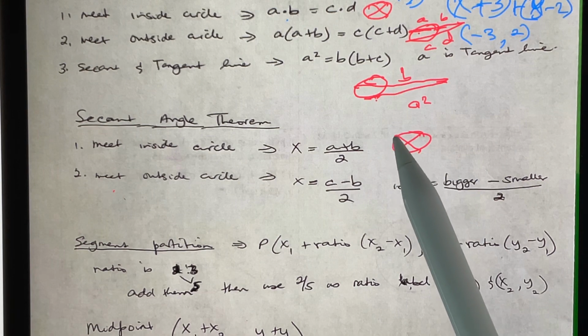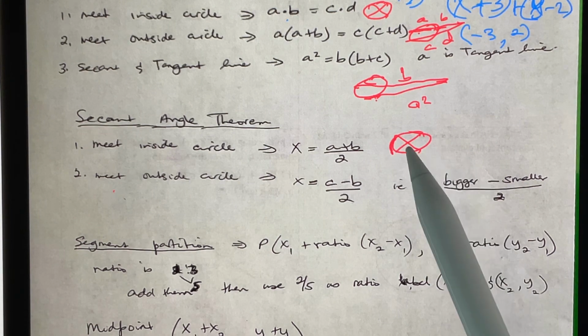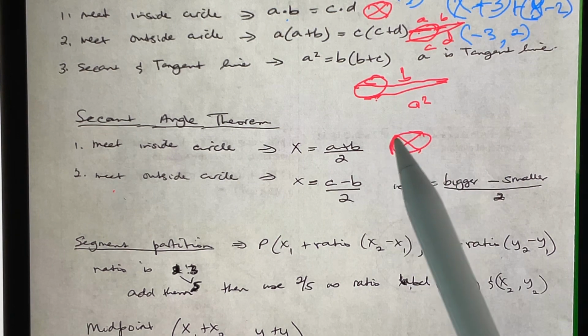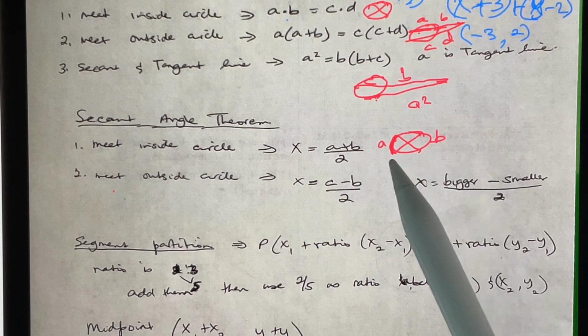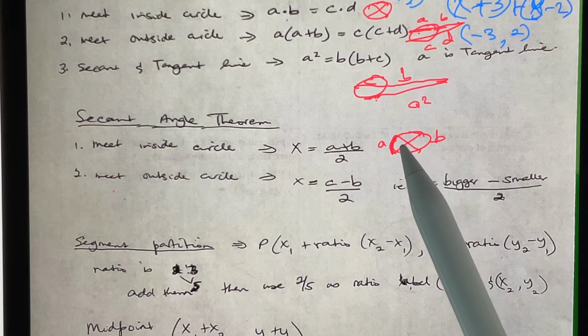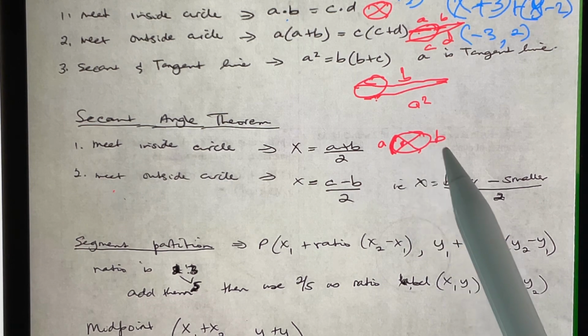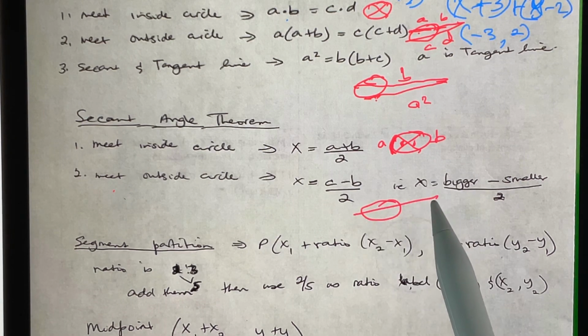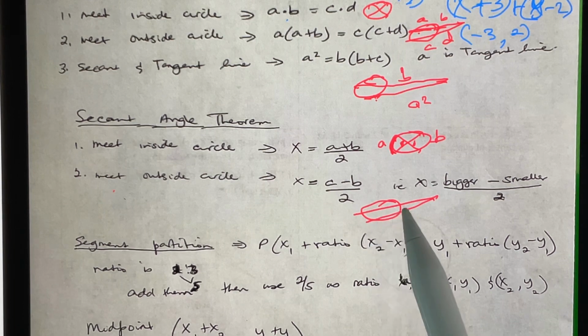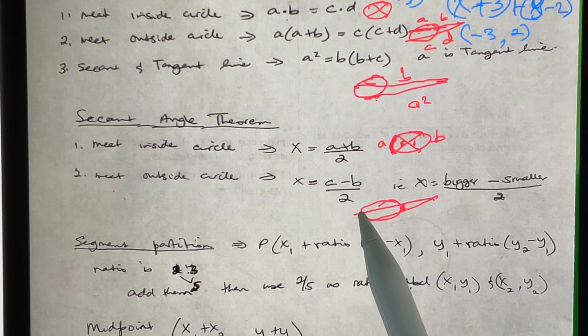You are going to take the arc here, all right, the angle here, all right. So you're taking, this is the A and this is your B, and then you're dividing by 2 to get the measure of the angle right here or this side, doesn't matter. Now for the case where it meets outside of the circle, right, you have your smaller arc here and your bigger arc here, right.